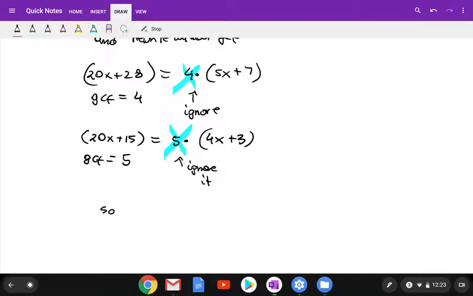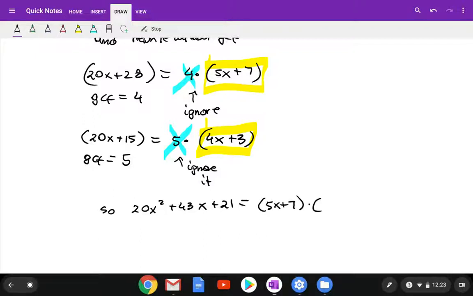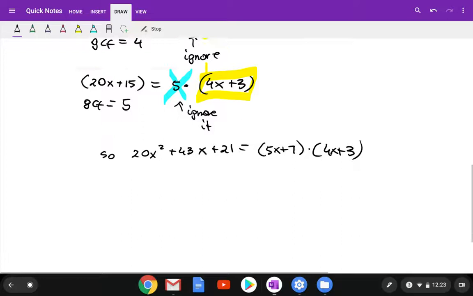So original problem, which was 20x squared plus 43x plus 21, is equal to 5x plus 7 times 4x plus 3. And the same idea, if you FOIL that, you should end up with your original equation. Let's do example B.